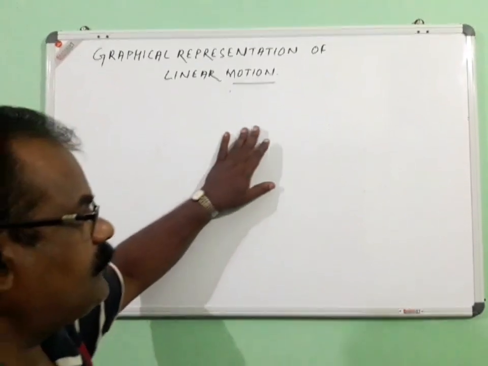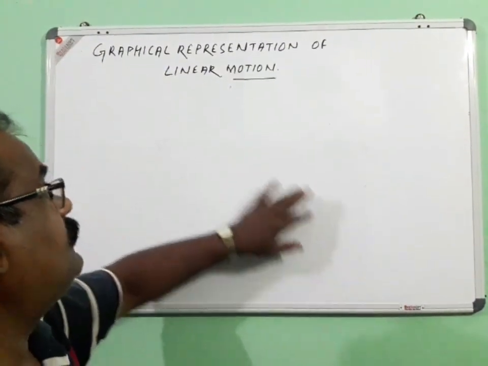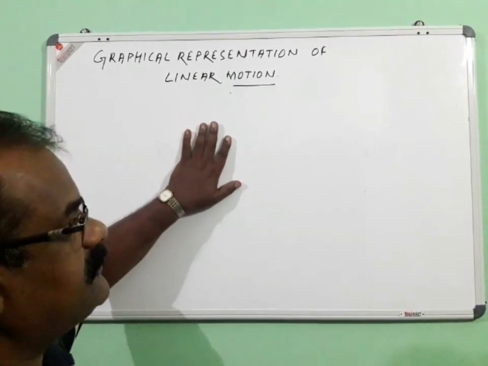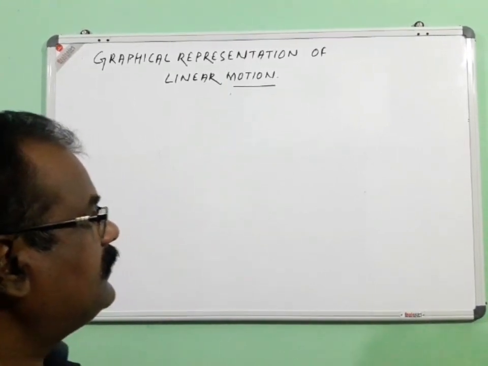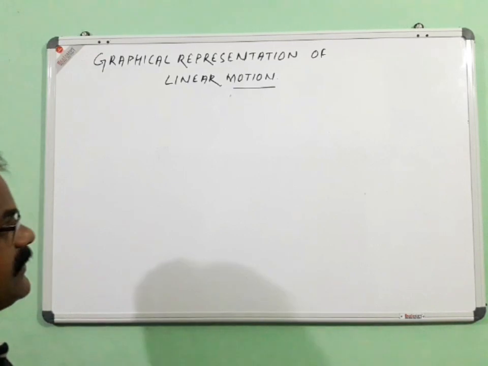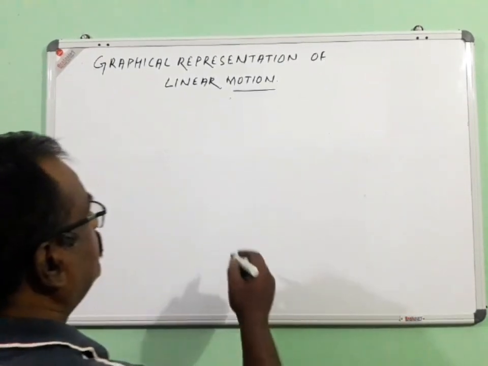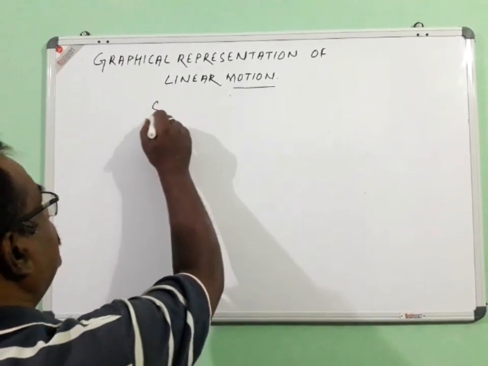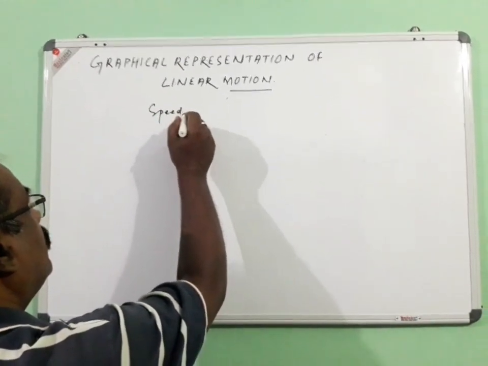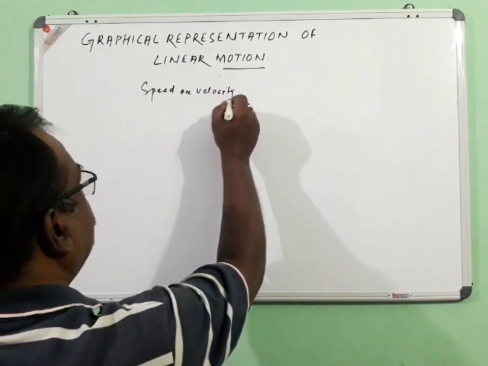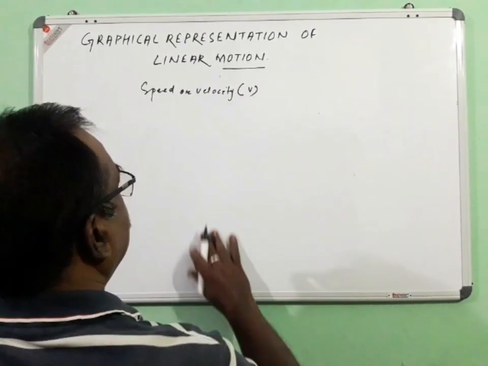After getting the introductory idea, now we will go to our main topic, that is the graphical representation of linear motion. In case of linear motion, as we have already known, there are different variables. One is the speed or velocity, which can be represented as v.